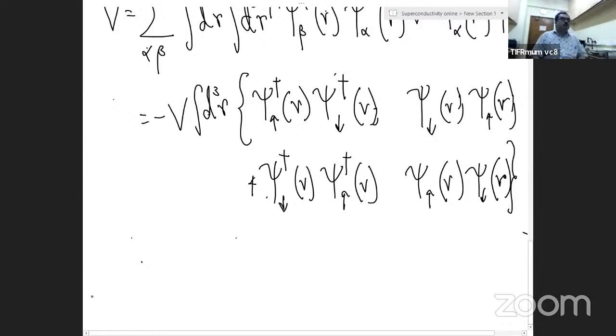Now I need to, just like I had defined the gap in BCS theory, define the gap.